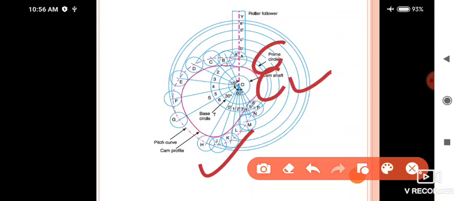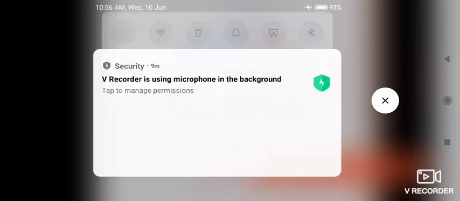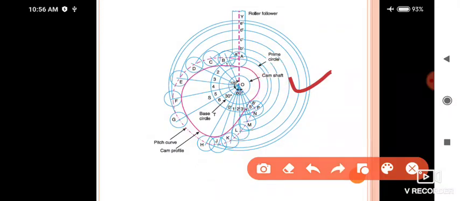After marking, draw the extensions of the lines from this point, because the central axis is the same in this bit. Then draw the rollers on every line divided into 6 equal parts. After that we have a smooth curve like this, which is called the cam profile.